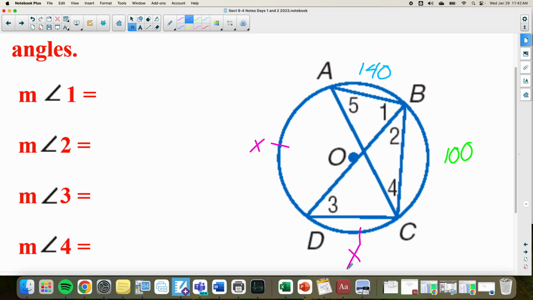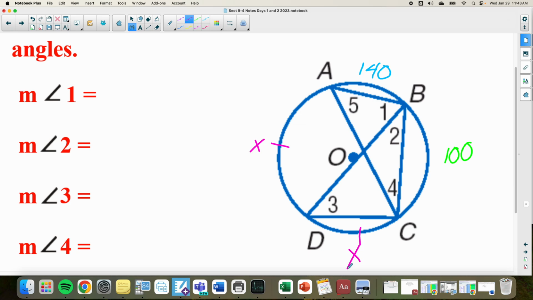You'll have both of them. Yes. So Christian added these together. 140 plus 100 is 240. Then he subtracted that from 360, and that gives you what's left over. And because it has 2 equal pieces, he divided by 2.